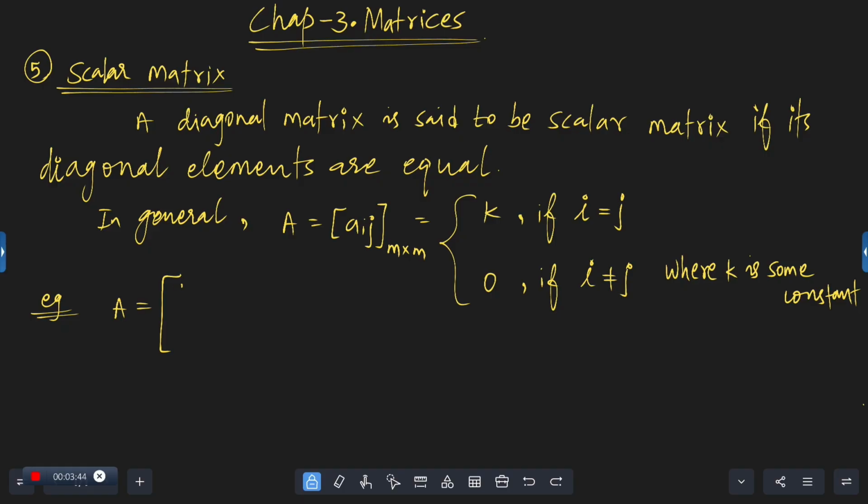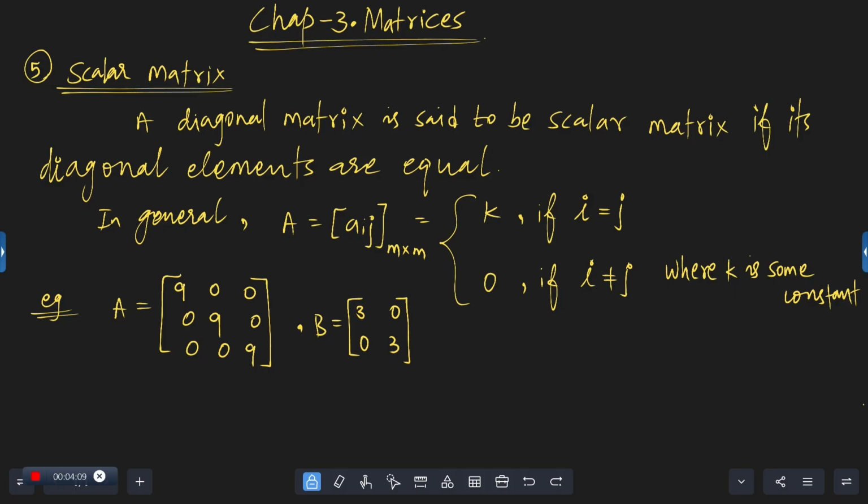If I give the number 9: 9, 0, 0, 0, 9, 0, 0, 0, 9. So the diagonal entries should be the same, then it is called a scalar. One more example: suppose I give 3, 0, 0, 3. This we can call a scalar matrix.